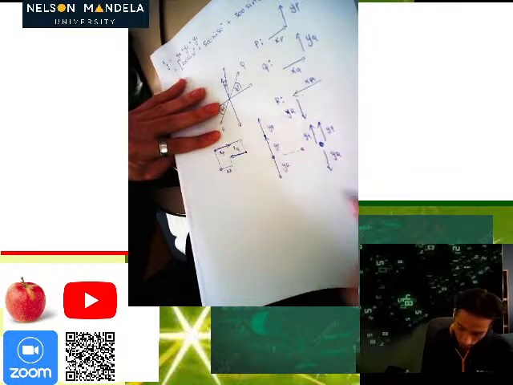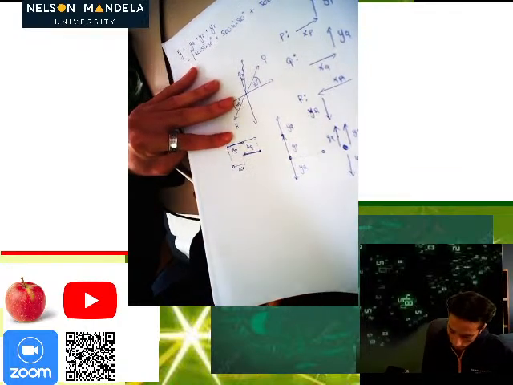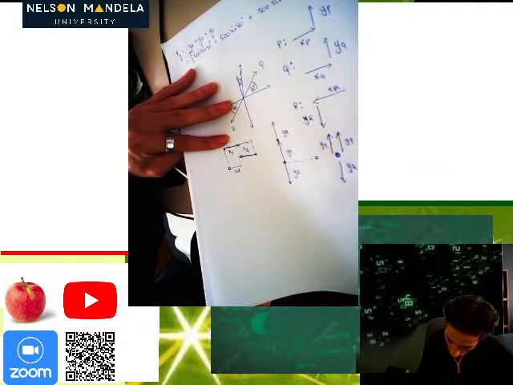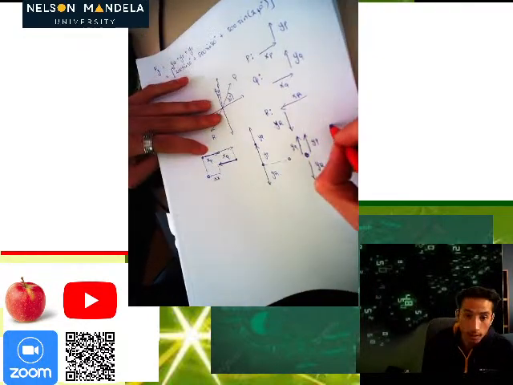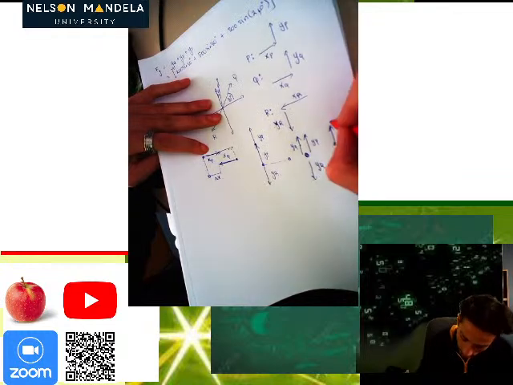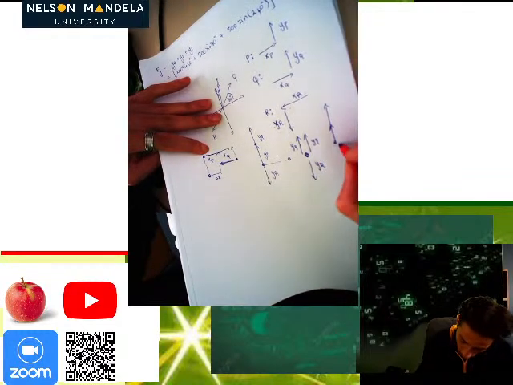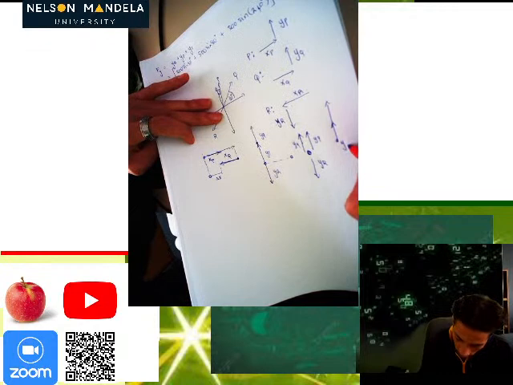Okay, this is just how I chose to represent it, as y of p, as I represented the components occurring in the x direction.